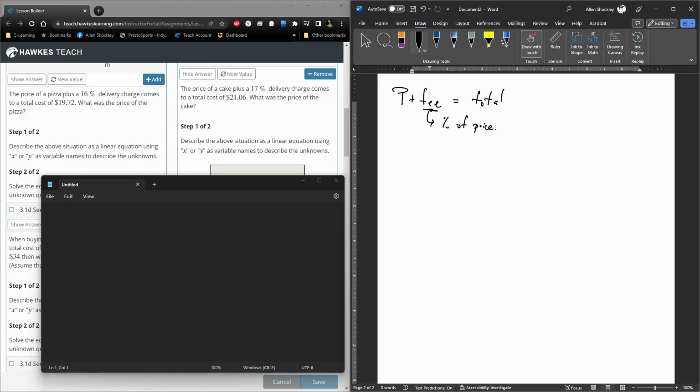Instead, we need to know the price plus the fee to get the total. And so for us, we don't know what the price of the cake is.